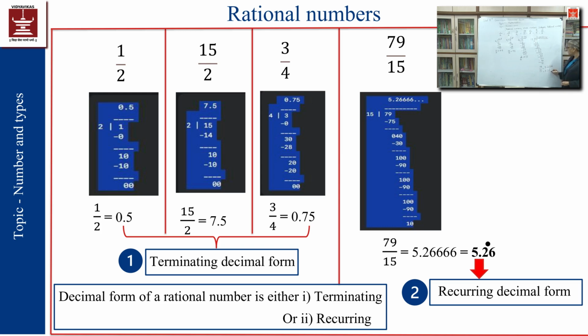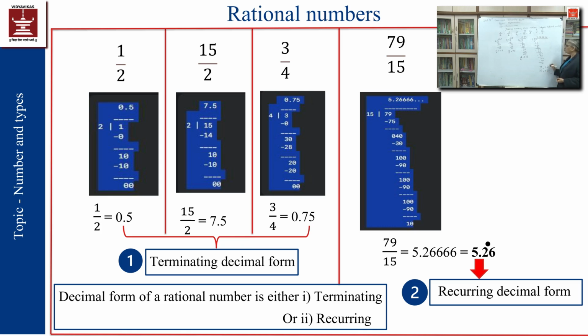This will mean that the decimal representation of the number 79 upon 15 is a recurring decimal form, where the answer is 5.26 and 6 with a dot on top of it. That means the 6 is a recurring number, and hence this is the recurring decimal form.